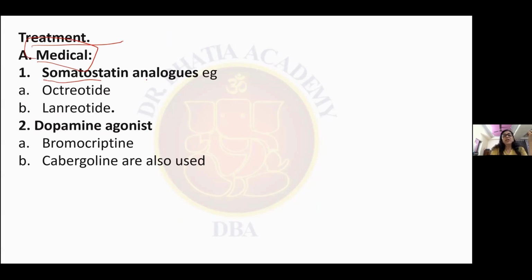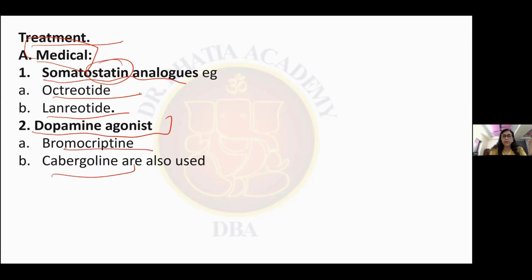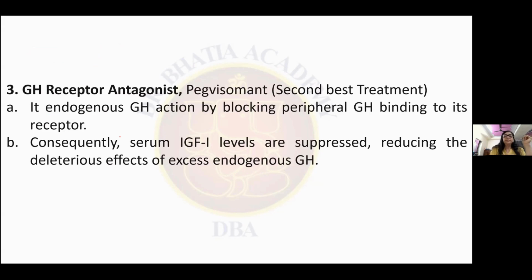That is somatostatin analogs, that is octreotide or lanreotide, which are the long-acting somatostatins. You can also use dopamine agonists for prolactin suppression, that is bromocriptine or cabergoline. Then there is GH receptor antagonism, at the peripheral level, that is pegvisomant, but that is not a first line drug.